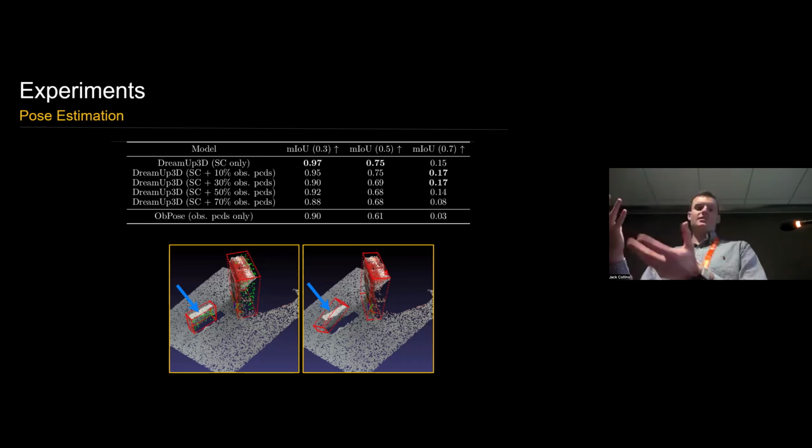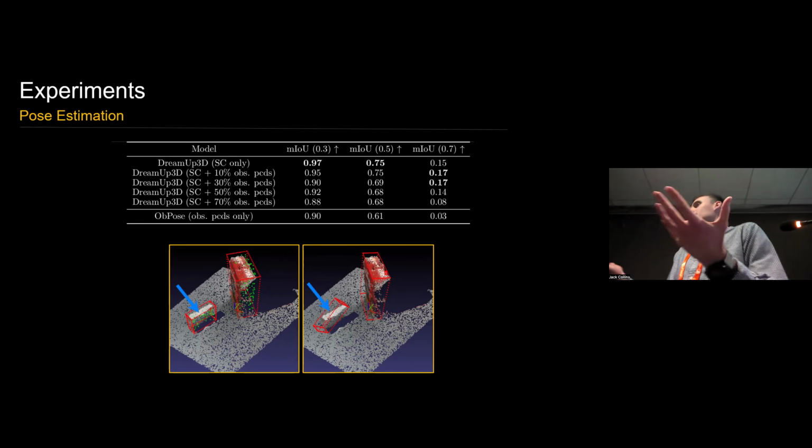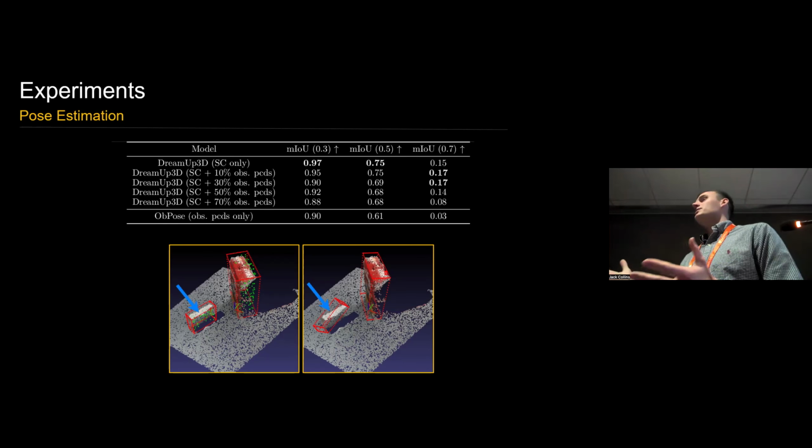Because of the symmetry in most objects in the YCB dataset, there's no single correct pose, and we also don't have any ground truth that we train our model on. So what we're actually doing is comparing the bounding box that's fitted to the object. For something like a can, it might be perfectly circular, and so there's no ground truth as such of a perfect pose. By fitting a bounding box and comparing the intersection over union of the bounding boxes, that's what we're interested in terms of a pose. Make sense? Yeah, it does.